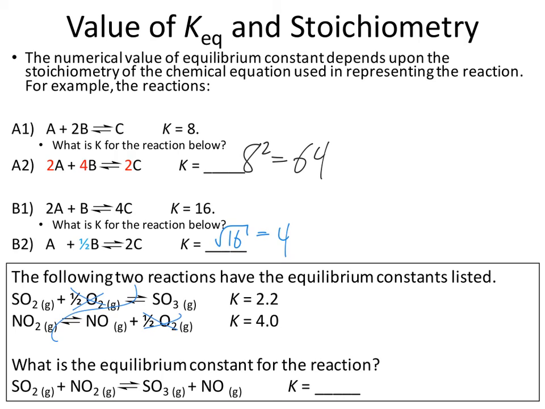So when we add these two equations together, we're going to take the product of their two K values. So in this case, we're going to take 2.2 and multiply it by 4.0, giving us 8.8.